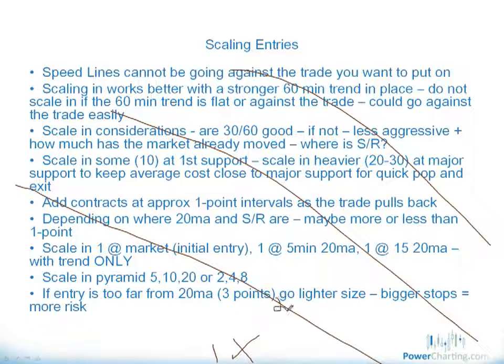Then at the first major resistance, I'll be looking at adding 2 contracts. Then if I have 3 contracts out there, I'd be looking at adding 3 more contracts here. So that means I've got 3 here, 3 here. My cost basis is just a little below the middle line there.